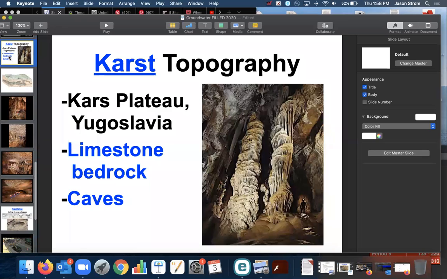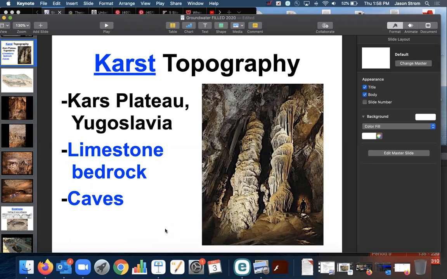All right, this next thing, karst topography. The main thing to remember with karst topography is, well, it's not on here, but we have this here in Indiana. It's named for a place in Yugoslavia, but we have this here.